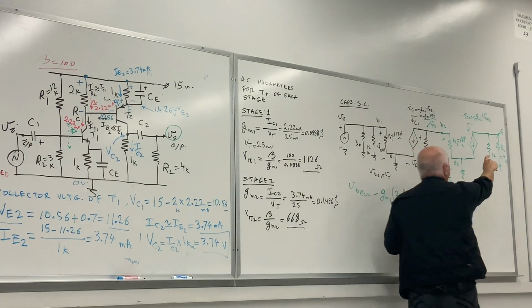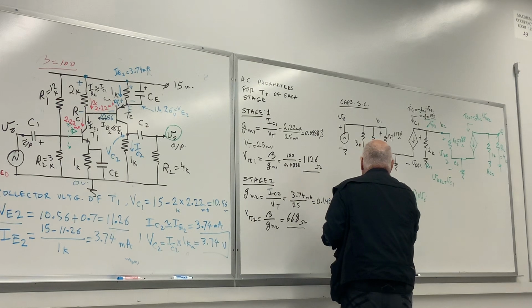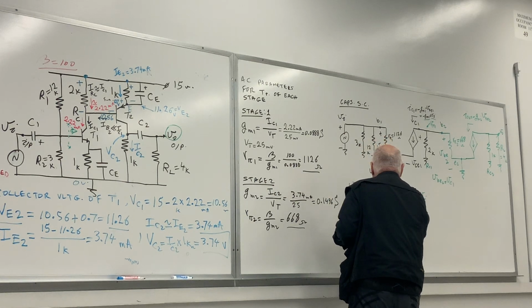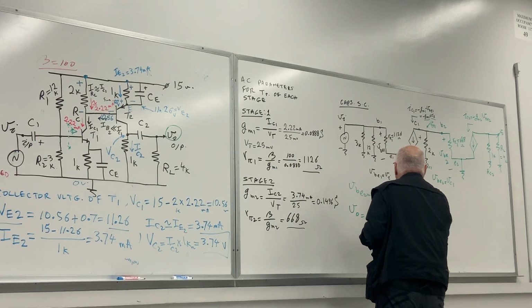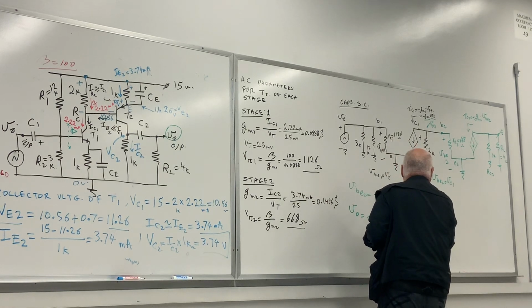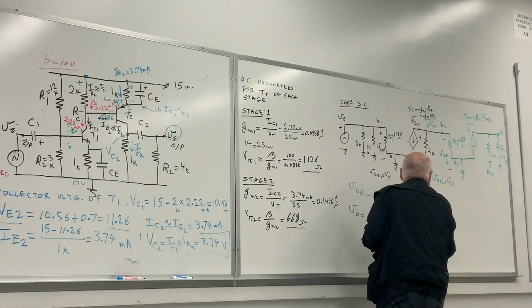Then what is this final output, VO? VO is equal to minus gm2 multiplied by VBE of 2 multiplied by 1K parallel to 4K. This is RC2 and that's RL.